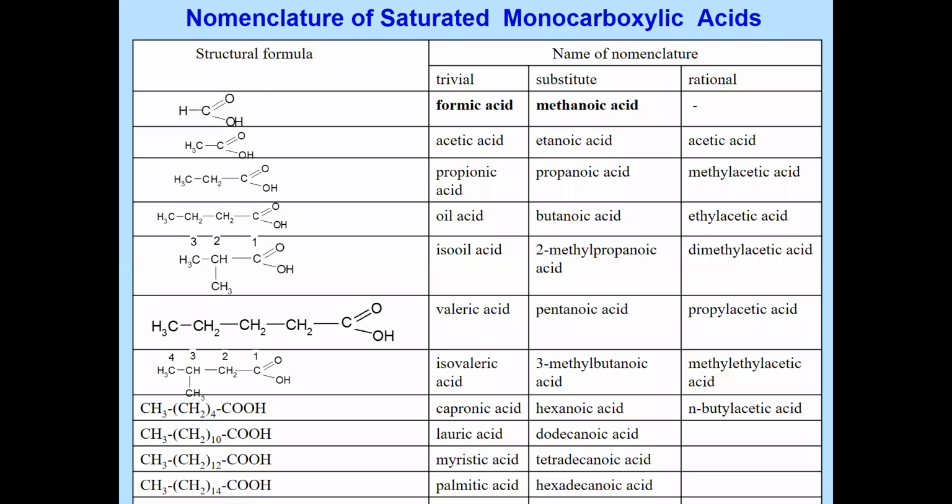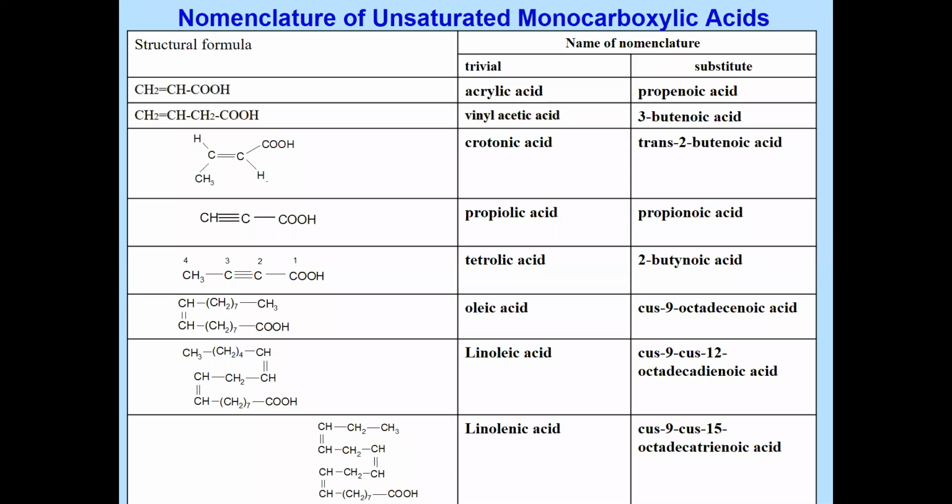You can see some important saturated monocarboxylic acids: formic acid, acetic acid, propionic acid, butyric acid, isovaleric acid, and others. You can see some important unsaturated monocarboxylic acids.